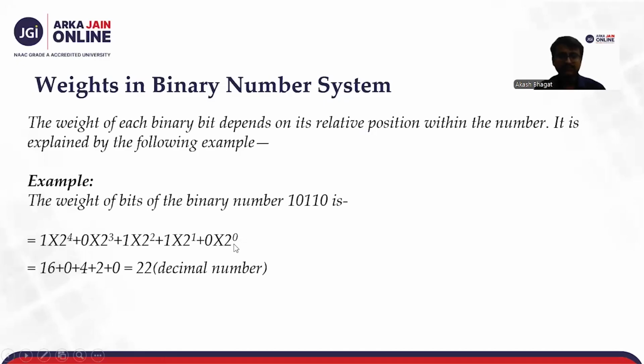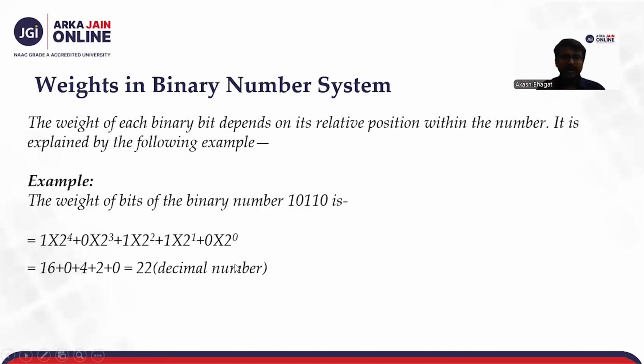So 2 to the power 0 into 0, 2 to the power 1 into 1, 2 to the power 2 into 1, 2 to the power 3 into 0, and 2 to the power 4 into 1. Whatever binary digit is available in the sequence, the weights in powers of 2 have to be multiplied with it.